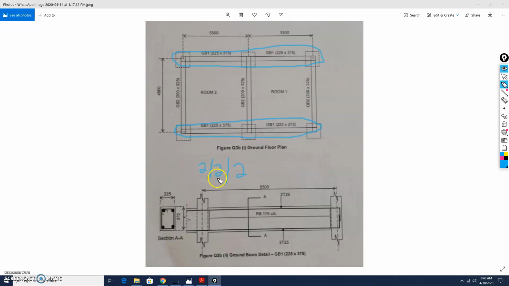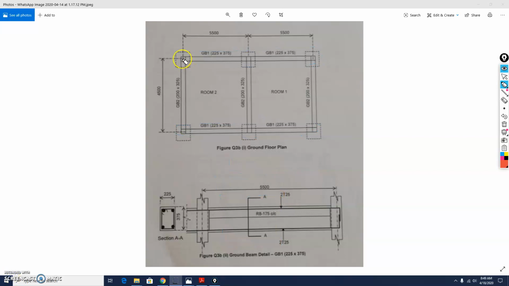And then the second 2 refers to the top and bottom, because the spec and size of reinforcement for top and bottom is the same, so we combine in the solution. That's why we put 2 here, and then the last 2 refers to the number of steel here, 2, and also 2 for the bottom. Right.